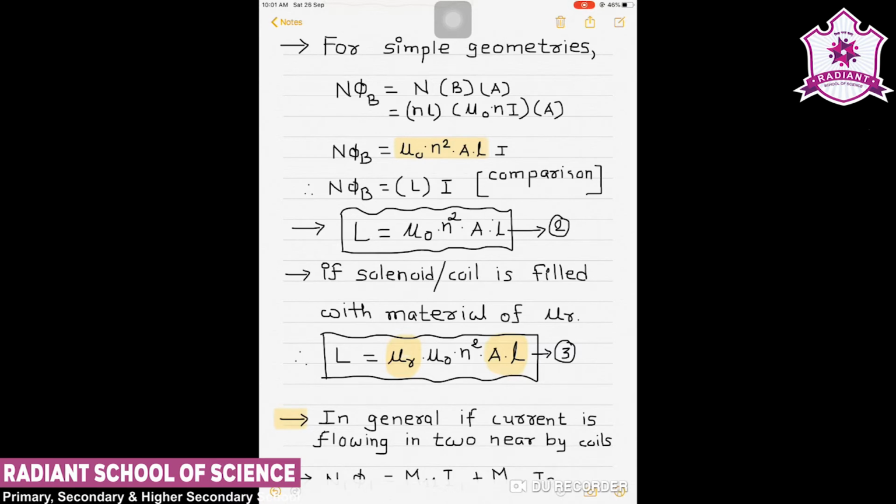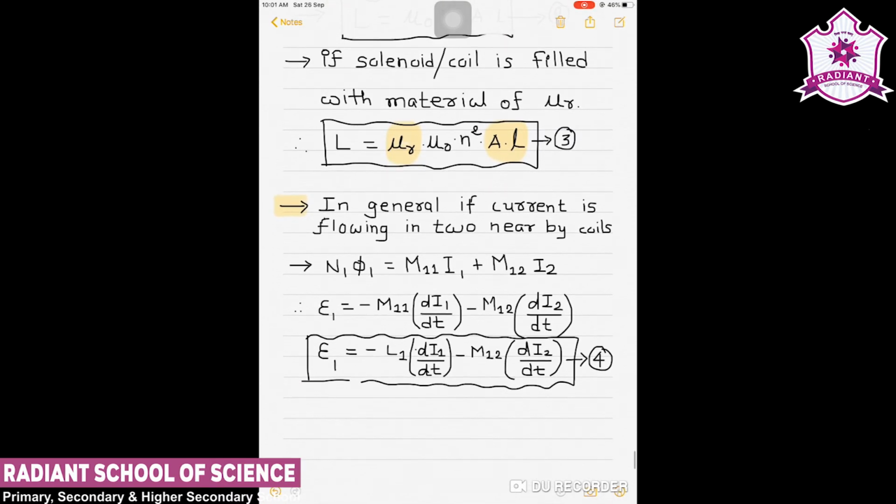Now we consider the general case where you are given two coils and current is flowing in both of them. Then the total flux linked with one coil is given by N phi 1 equals M11 I1 plus M12 I2. Here we can say that M11 itself is an inductance due to the same coil.